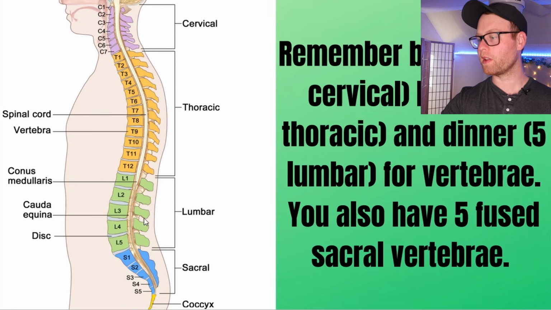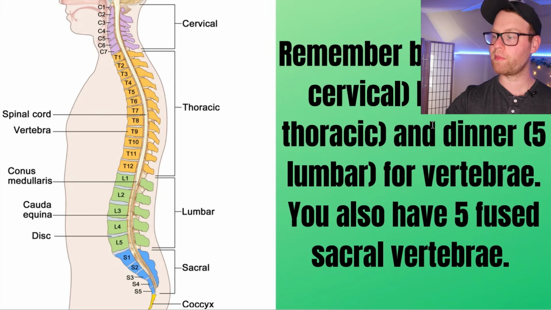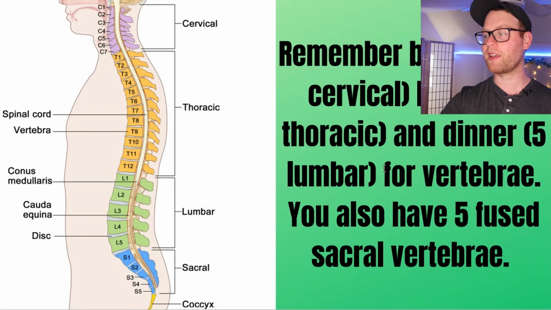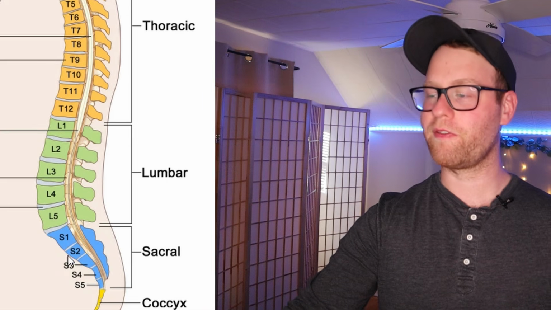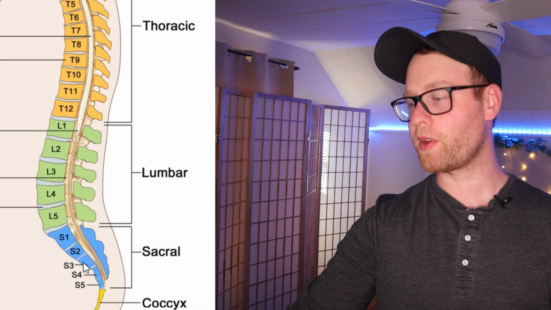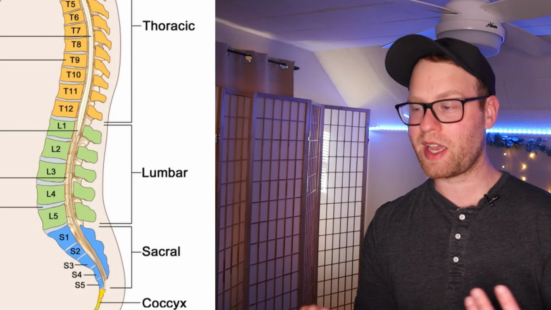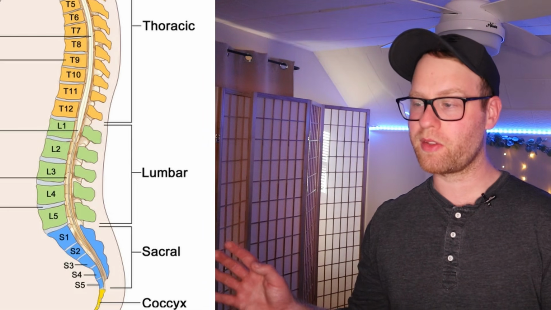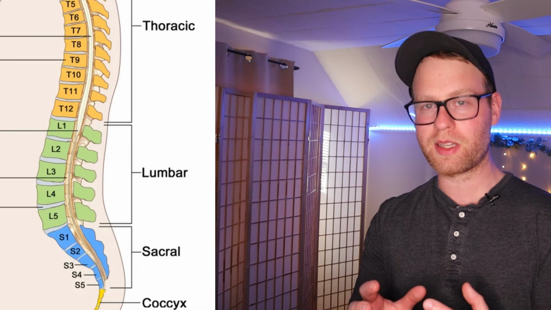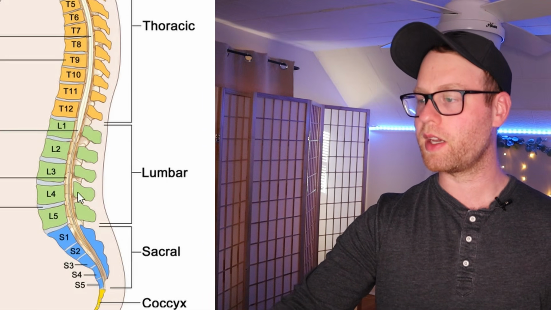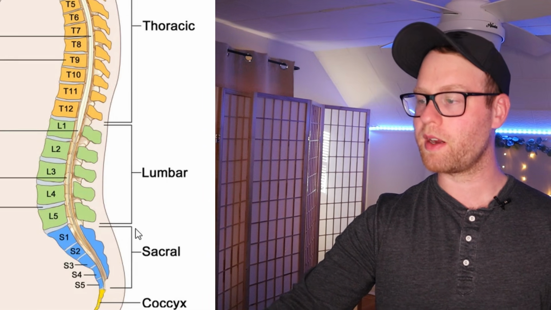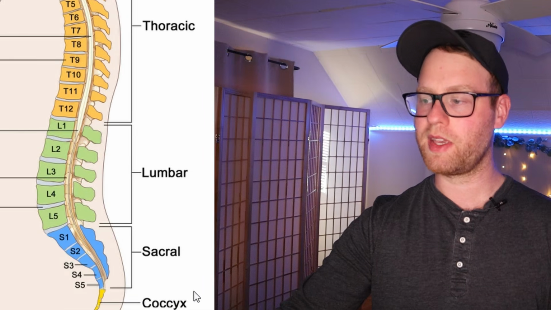And then dinner would be the lumbar, you have 5 lumbar vertebrae. And again, think like 5 p.m., and that would be the lumbar. You also have 5 fused sacral vertebrae here, and I don't really have a good way to remember that, so you'll just have to remember that. But those ones, again, they're fused together, unlike these other ones in these other areas here. And then, of course, at the very bottom, you also have the coccyx.